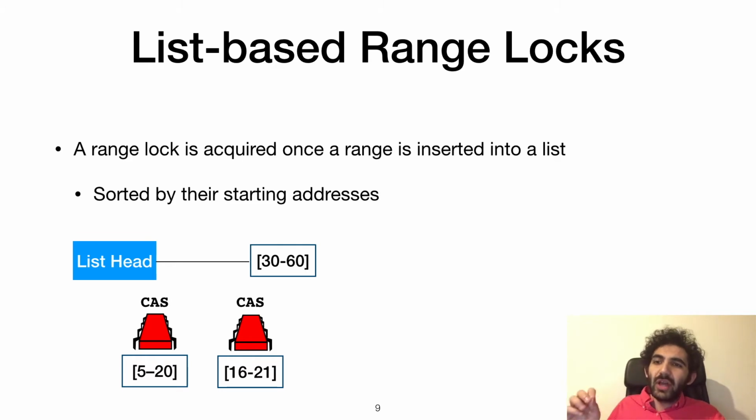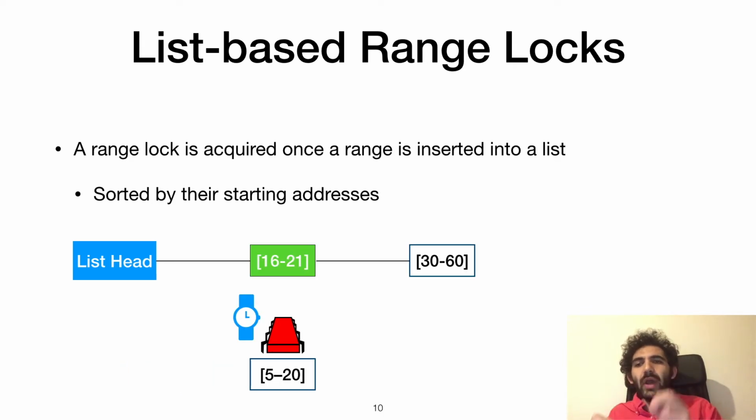Therefore, we can rely on the hardware support for the compare-and-swap atomic operation to ensure that at most one of the conflicting ranges can be inserted at a time, while other ranges that fail in the compare-and-swap, when they re-traverse the list to find the insertion point, will observe the conflicting ranges and be blocked waiting for them to finish. With this design, range locks can be acquired without any internal locks, which allows higher scalability than the existing designs.